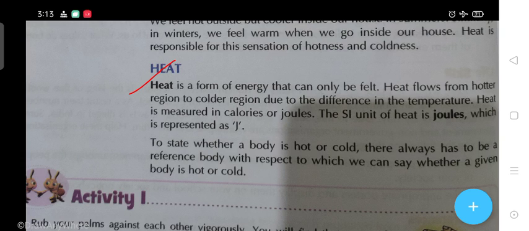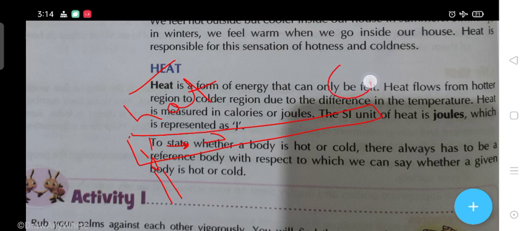Students, heat will transfer from the hot to the cool region. It means, if you have taken a rod, and you are heating one edge of that rod, then the heat will transfer from the hot to the cold part.